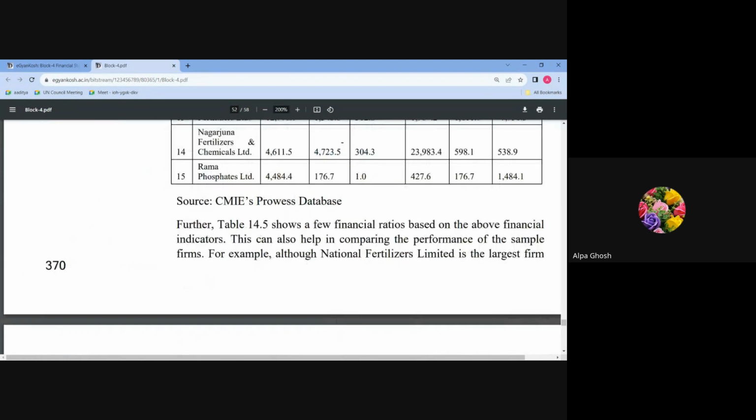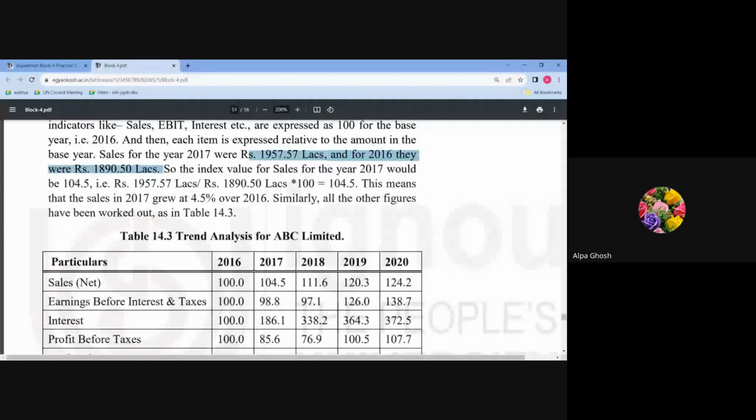So this is what trend analysis is. Am I clear? All this information is there in the question. From there, you can easily make it out. Just go with the figures provided at the start of this common size statement. Then you can easily solve it.